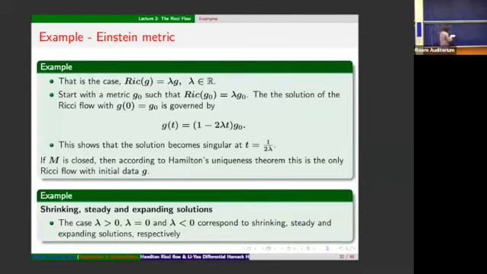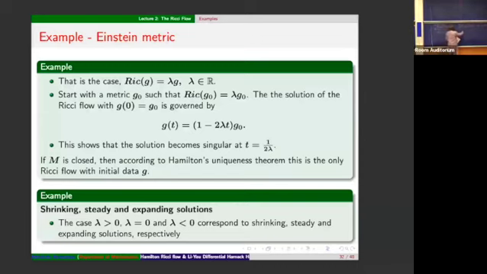Maybe I quickly write. Let's say Ricci of G naught. We start with this. Now, suppose you have G_t, you parameterize this G naught with this, and this G_t solves the Ricci flow equation.